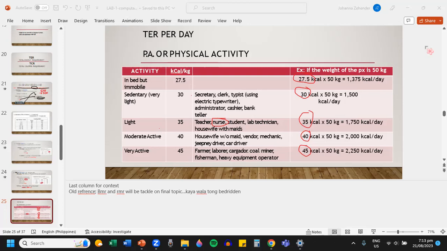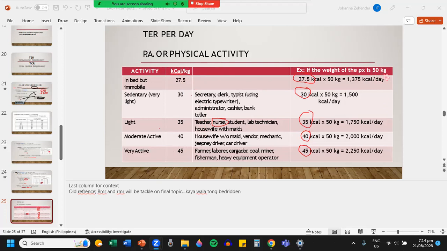Okay, so let's say, for example, the weight of your patient is 50 kilograms. To compute for the TER according to his or her physical activity, you're going to refer to any of these. In this example, your patient is a nurse, and the patient's weight is 50 kilograms.